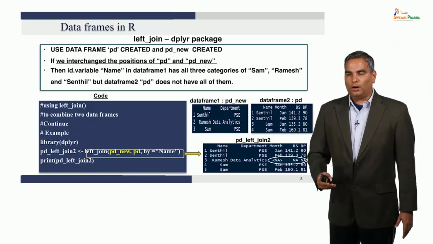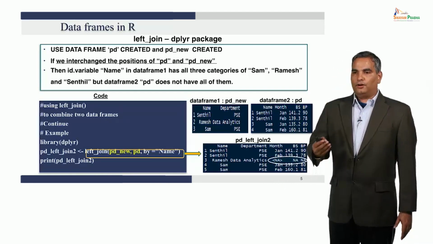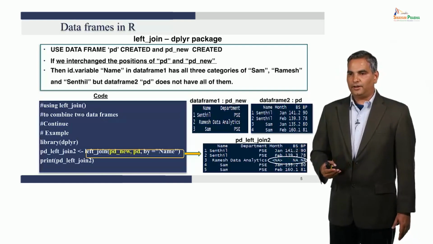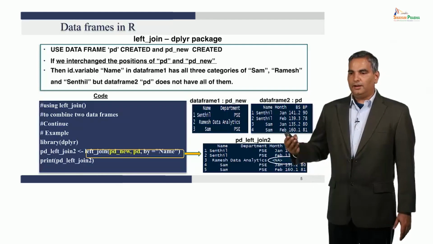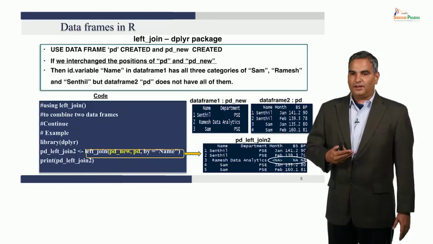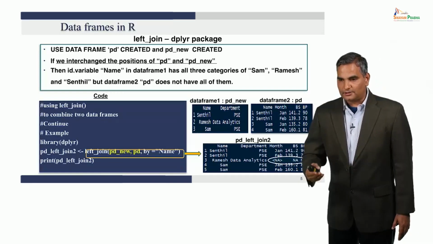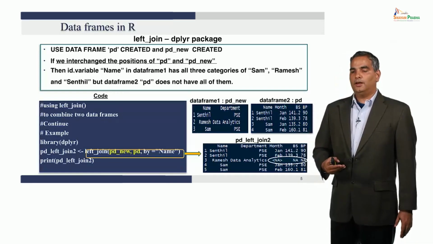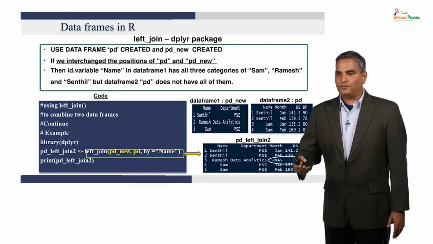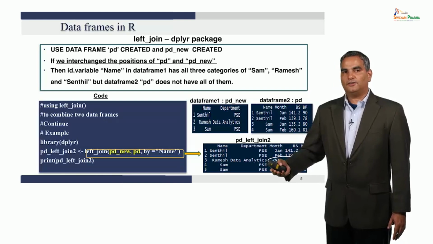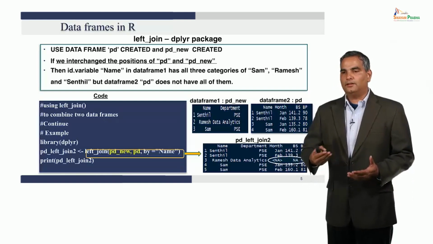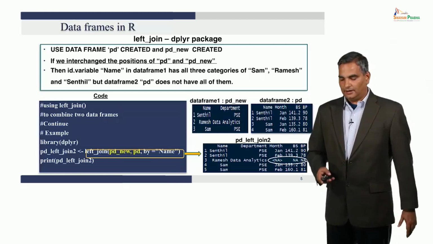In this case, what R does is, for the names that have information on both data frames, such as Senthil and Sam, it concatenates. But now, unlike the previous time where PD was the reference, since PD new is the reference now, I am forced to retain Ramesh. So whatever information is there for Ramesh comes back, but whatever information is not there, it says it's not available. So that is how R joins these data frames.